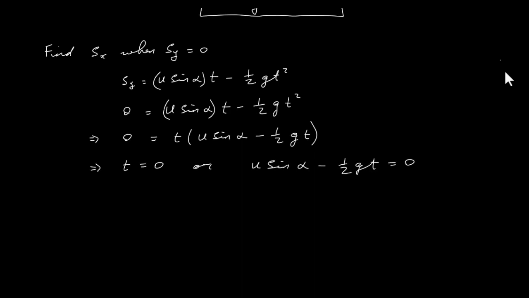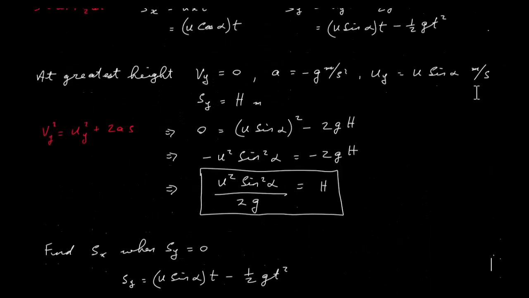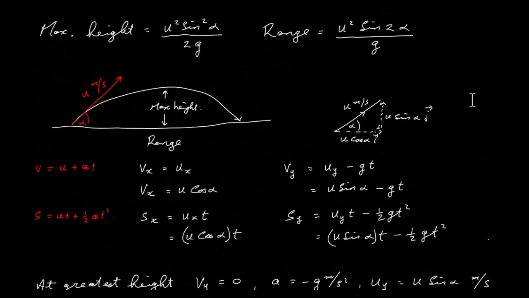If we just manipulate this, I'm going to bring this over here, multiply everything by 2 and divide by the g. What I'll get then is t is equal to u sine alpha times 2 divided by g. So this is going to give us the time it takes for the distance in the y direction to be equal to 0.